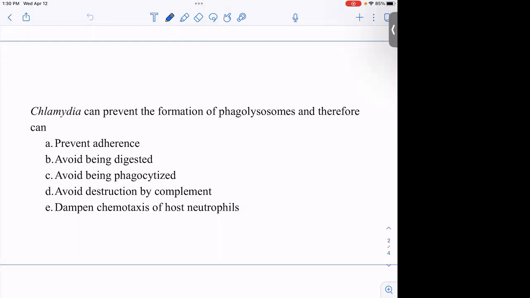If I give you an organism that we didn't talk about, chlamydia, it says it can prevent the formation of phagolysosomes. That's where the lysosome fuses with the phagosome membrane. So assuming that the organism has already been phagocytized, this is going to keep the organism from actually being killed by those lysosomal enzymes. So it keeps it from being digested.